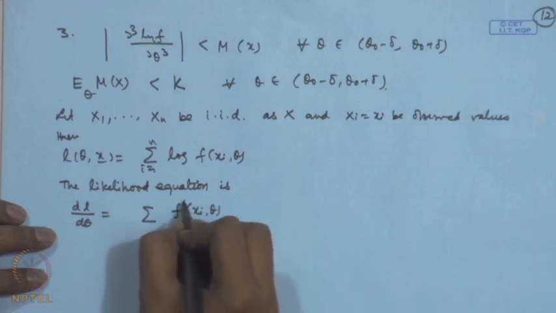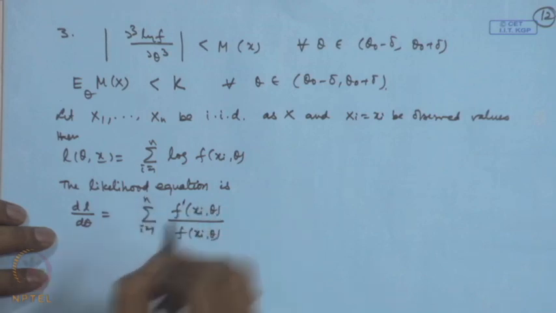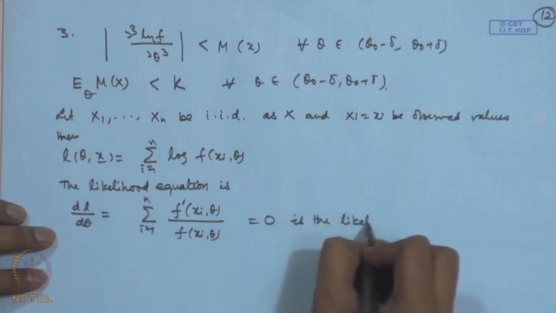Now, here prime means derivative with respect to theta. This is the likelihood equation.